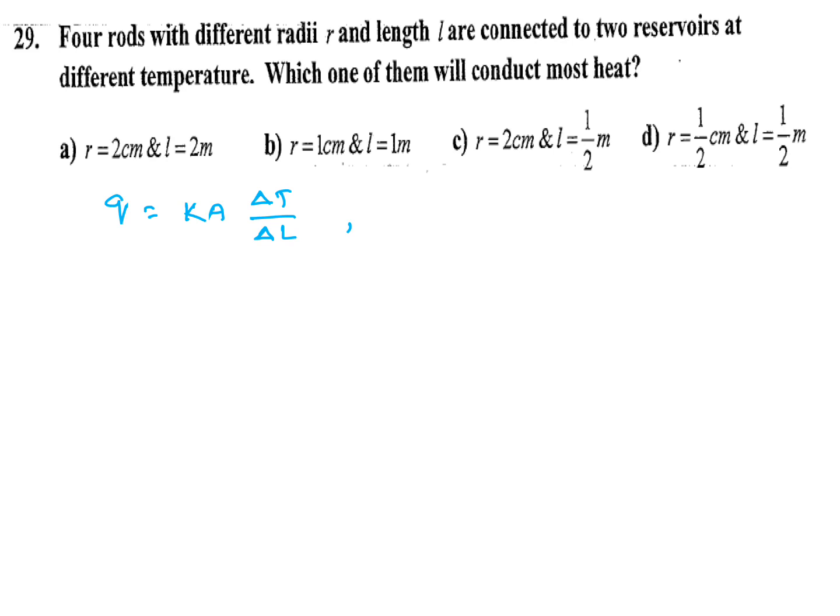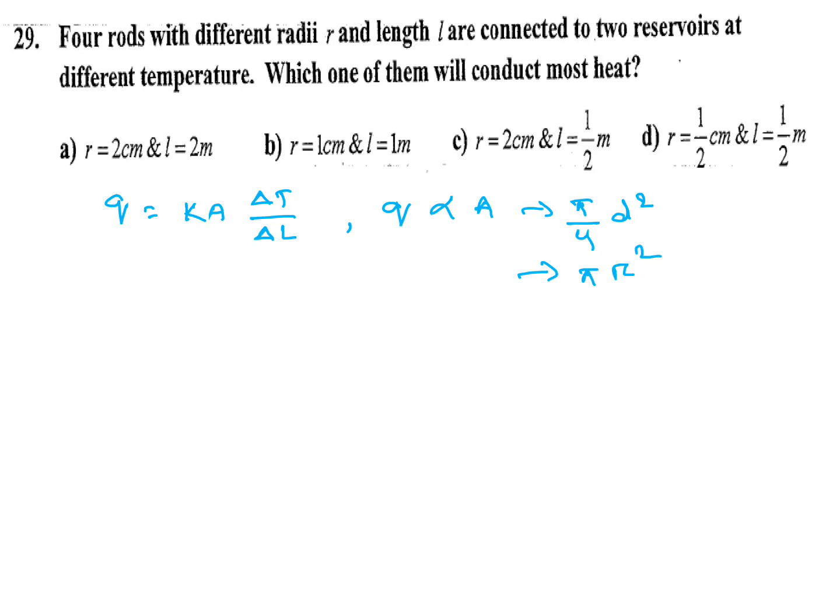So here Q is proportional to area, and for a rod the area is pi by 4 d square, or in radius, pi r square.